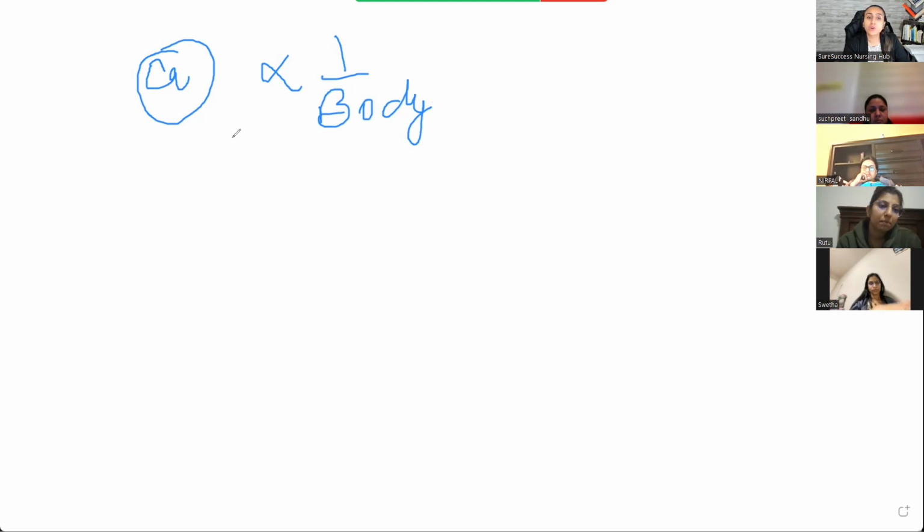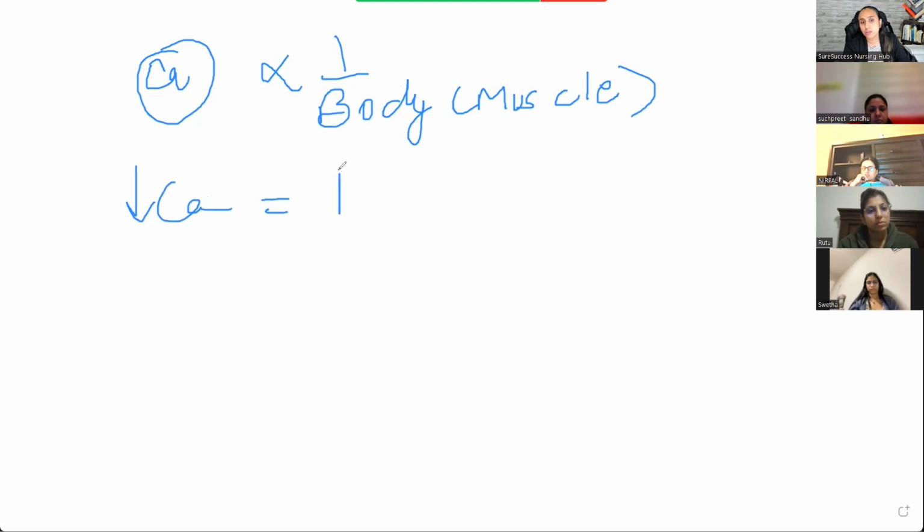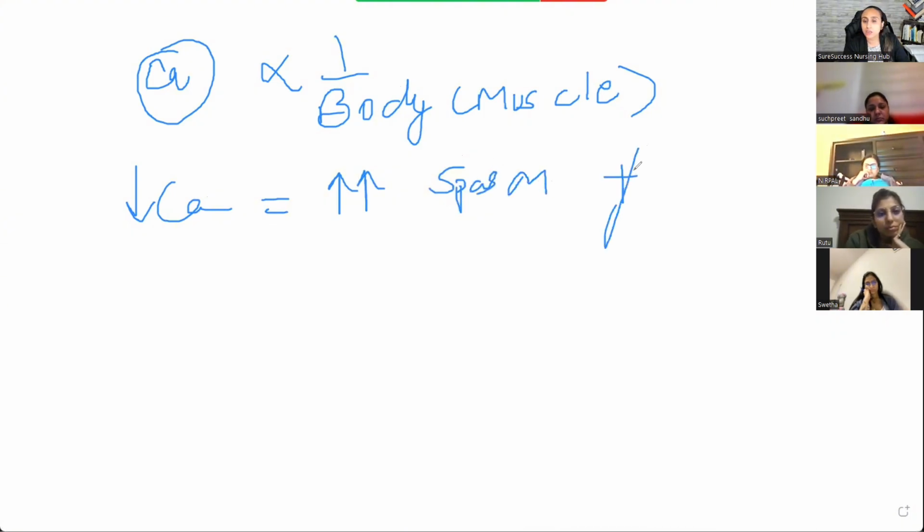Calcium affects the muscles of the body. For example, if your calcium is low, what will happen to your body muscles? It will increase. So if I have two things, muscle spasm or muscles are flaccid, flaccid means relaxed, with low calcium is it spasm or flaccid? Spasm.